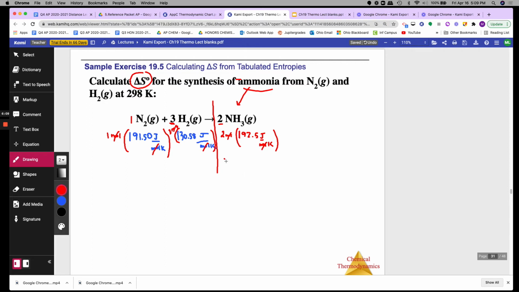Okay, when you multiply this, you're going to get 385.0, and the units are J over K. When you do this math over here, you're going to get 583.2, again J over K.